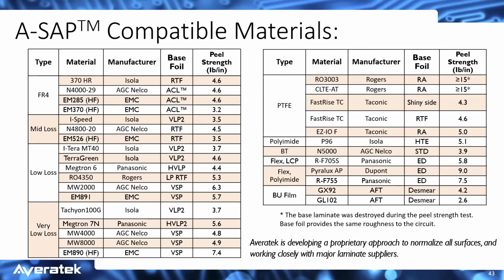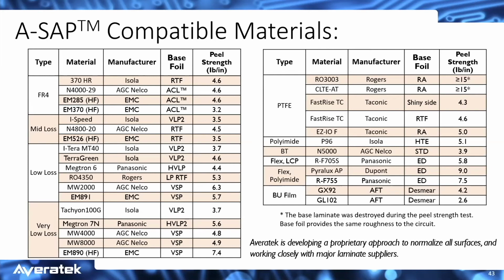We can work with a few polyimides, especially the thermoplastic ones like Pyralux AP and some of the others that are out there that mimic that product from DuPont and Panasonic. LCP works really well. BT resin works pretty well.